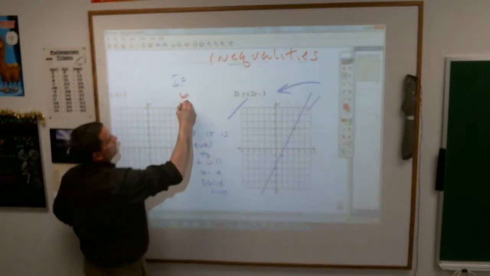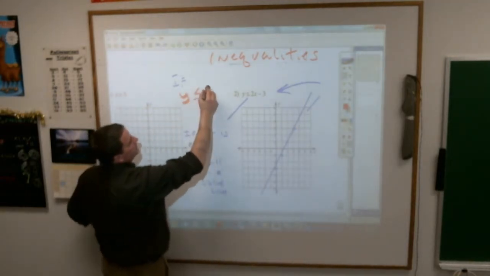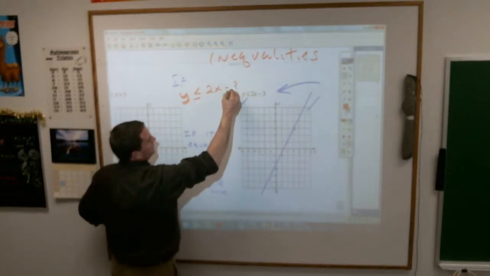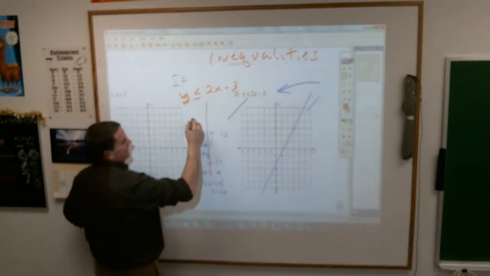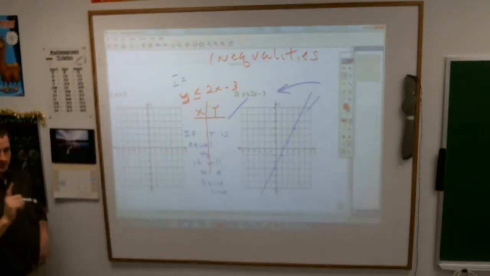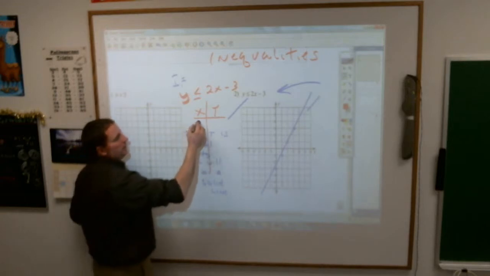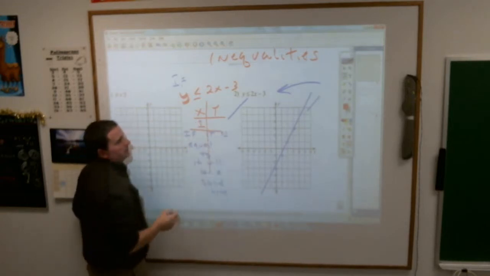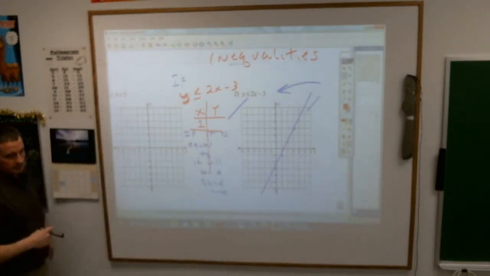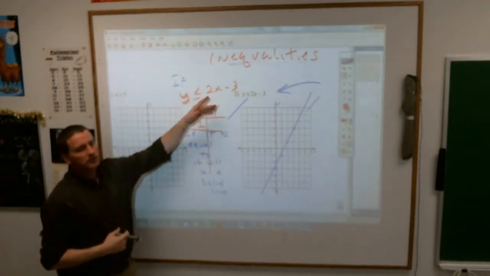Let's think about this. If y is less than or equal to 2x minus 3, and I asked you to make a table of the values that work for this, and I put a 1 in for x, what would y be? 2 times 1 is 2, minus 3 is negative 1.